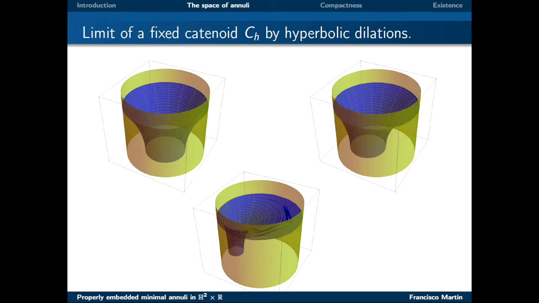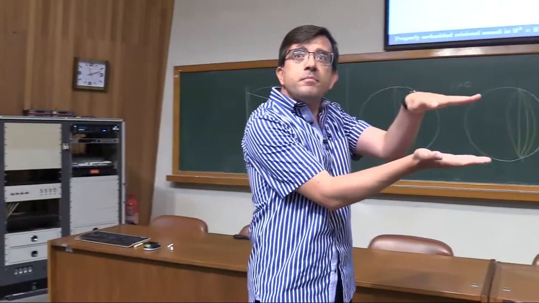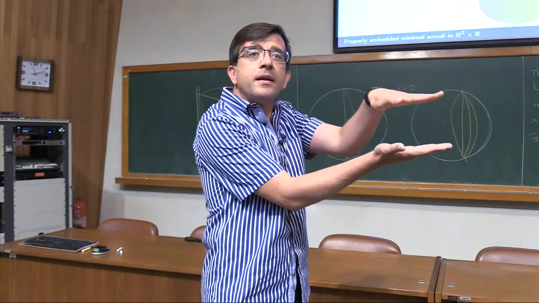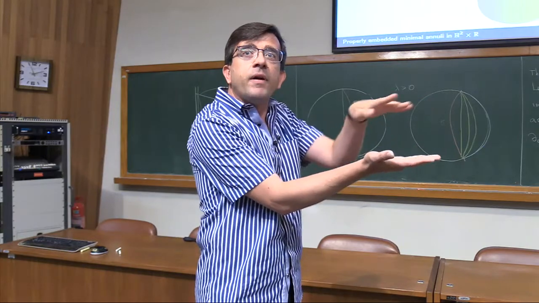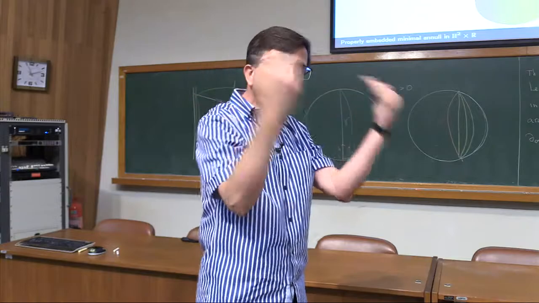I have drawn just half a catenoid, because it's easier to see. And then you apply to this half catenoid a horizontal dilation in any direction. What you get is something which has exactly the same boundary. So that means that for a particular fixed pair of parallel circumferences, you have a two-dimensional family of annuli projecting over.